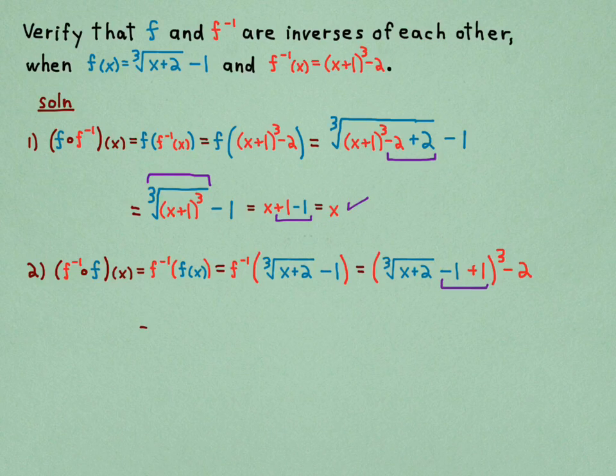So I'm going to do that one first. And I get this. So now I get the cube root cubed, those cancel, and you get x plus 2 minus 2. And that gives you x.